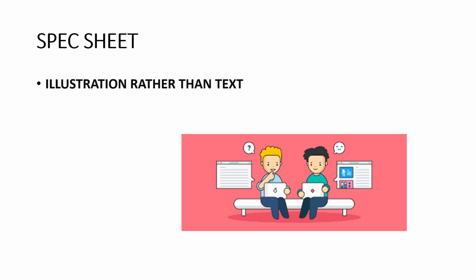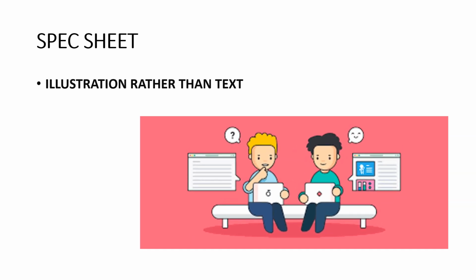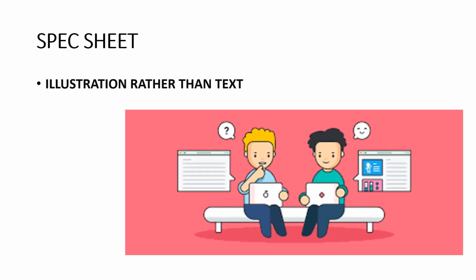So all things are there through illustrations. So it is more important than the text. That is the reason garment manufacturers and buyers always sit together and try to convert the illustrations into pictorial form, photographs, etc.